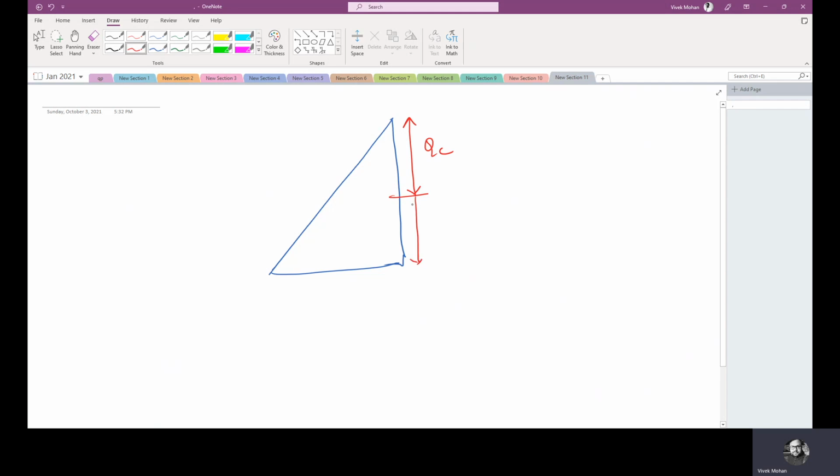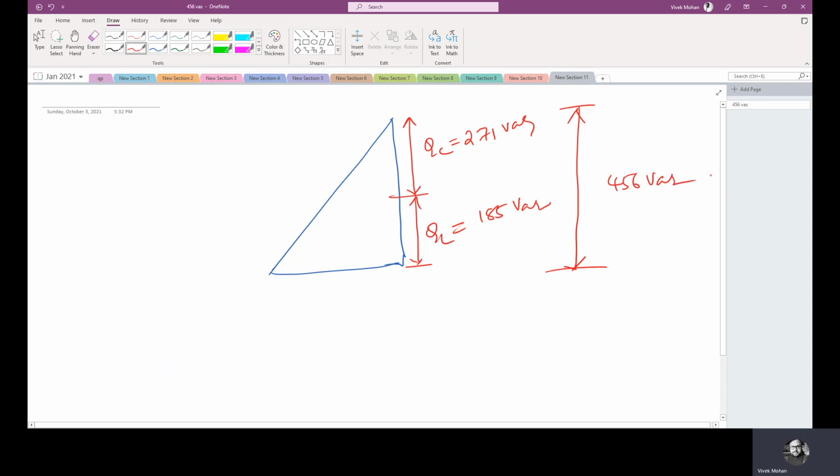This is my QL. So this is the reactive power taken from the source, and this is the reactive power taken from the capacitor. This is equal to 271 VAR. This is equal to 185 VAR. Now the total reactive power is 456 VAR. This is the altitude of the right triangle.